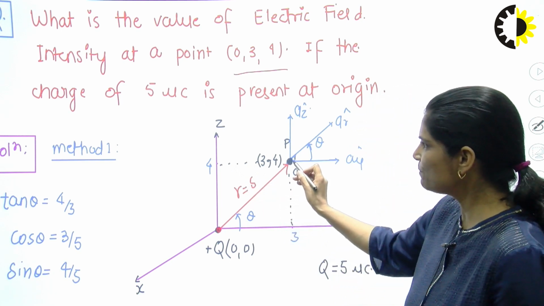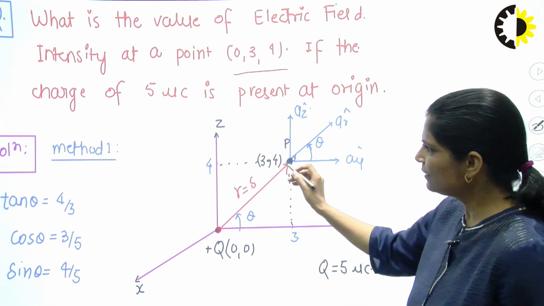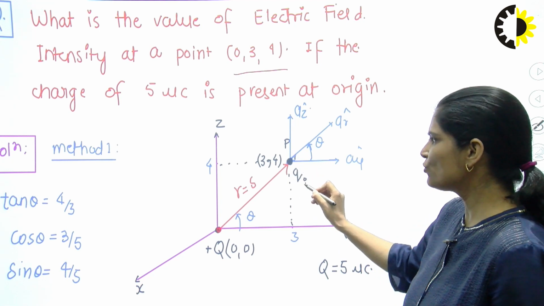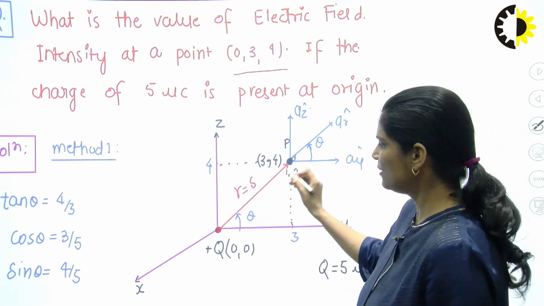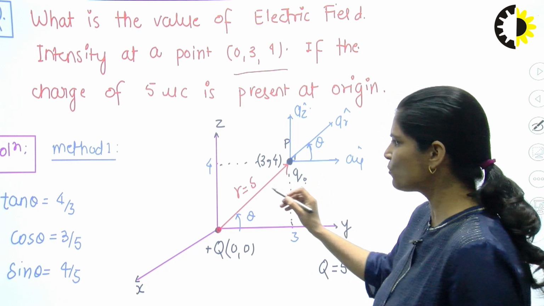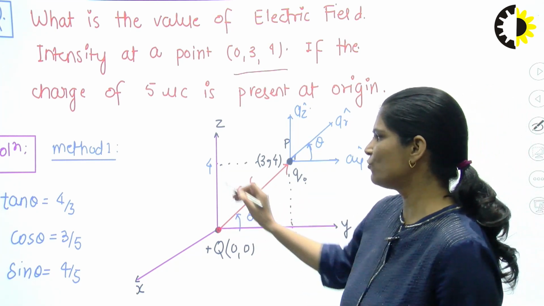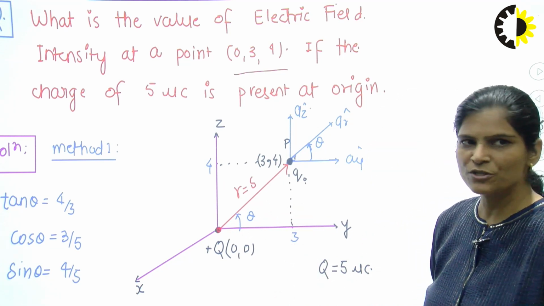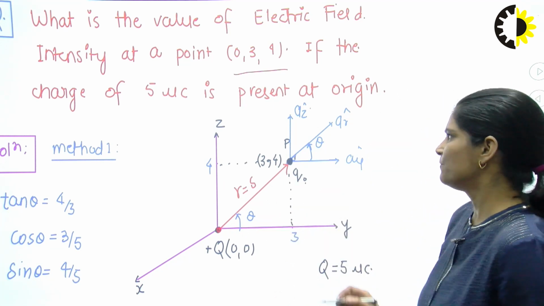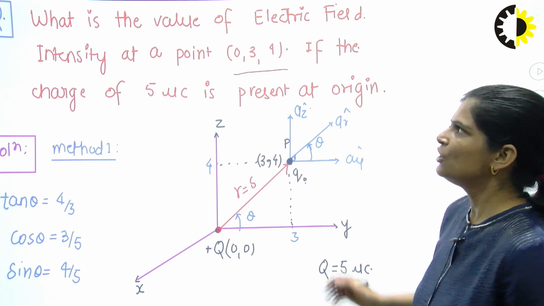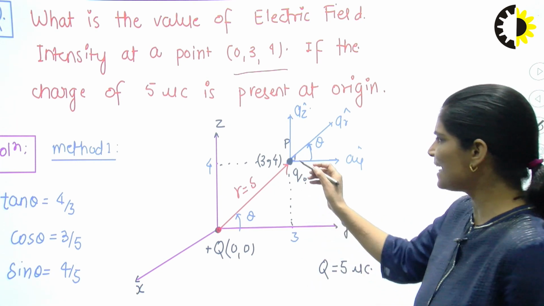Okay, now this is the point, you have to consider this is the point 3, 4, and the charge on this point is Q naught. Now the radius, if you are finding radius from origin to this point, is equal to 5. Why is it 5? Because this is 3, this is 4, you can apply here Pythagoras theorem and you will get the radius. Now here you have this point, you have to find out electric field intensity at this point.